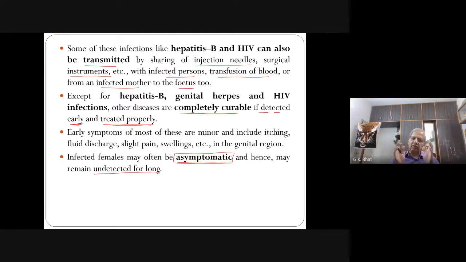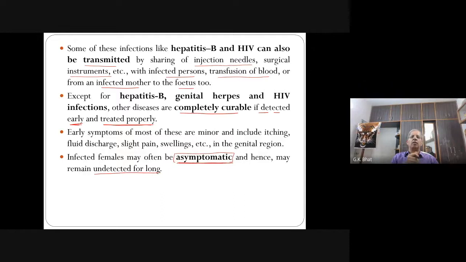Now, let us think that girl is going to get married to another boy. What will happen? Her husband is going to get this disease because of the wife, and her child will get it. She is asymptomatic, but she is positive for these STDs. Therefore, it is very, very dangerous.